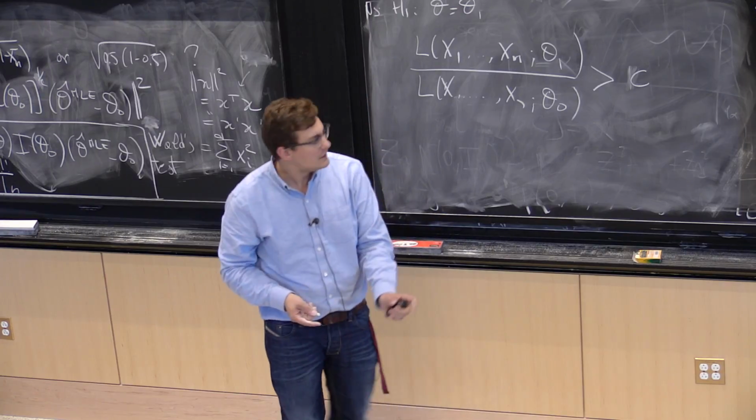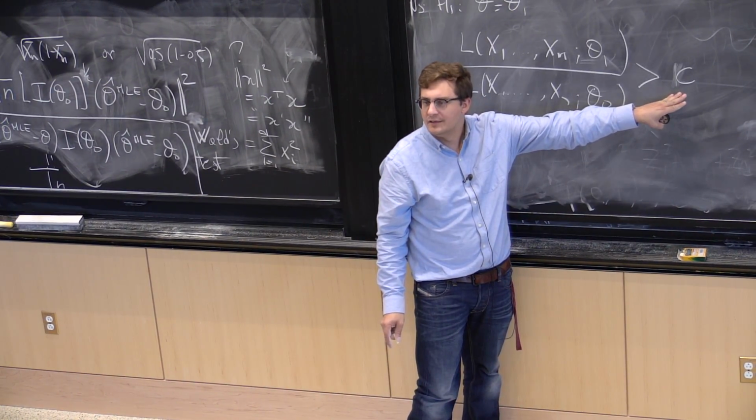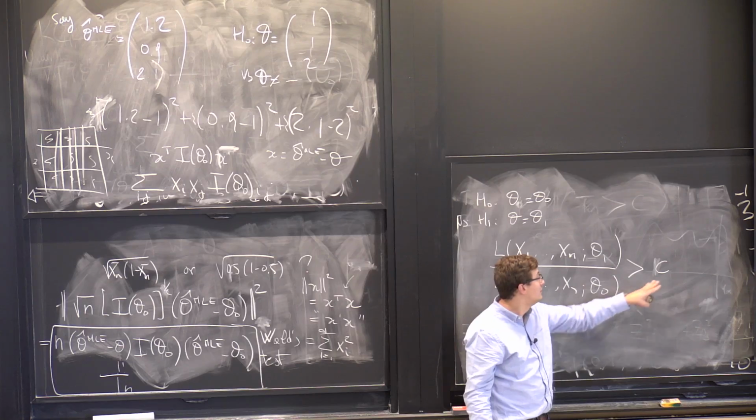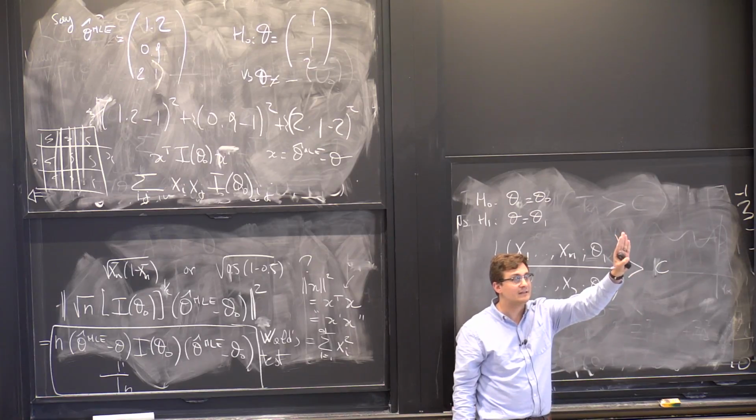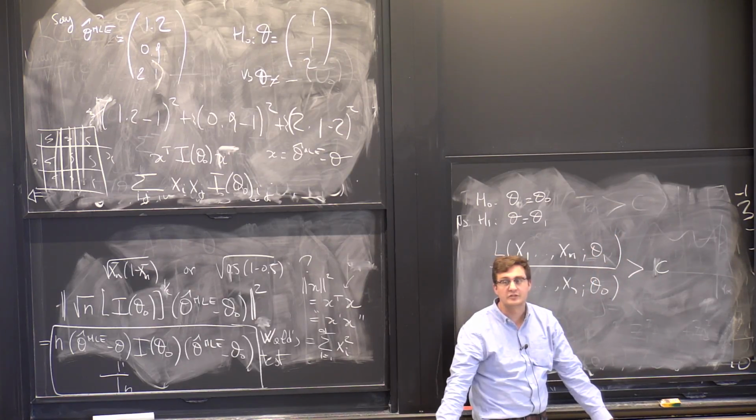Okay? So for example, if I want to make sure that my type 1 error is always 0, all I have to do is say that this guy is never more likely than that guy, meaning never reject. So if I let c go to infinity, then this is going to make my type 1 error go to 0.